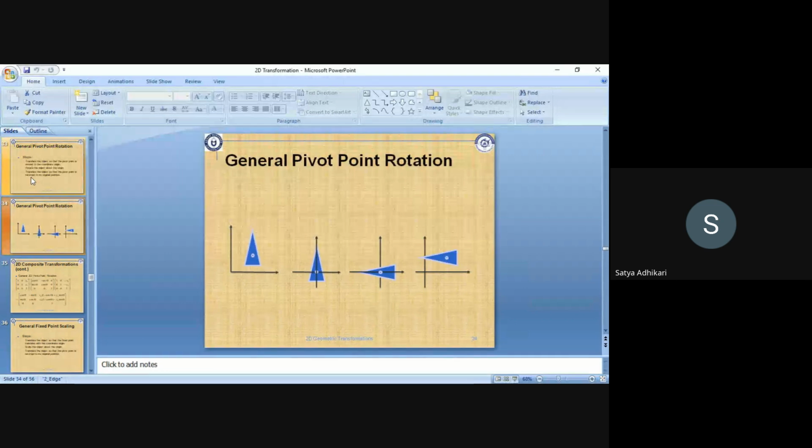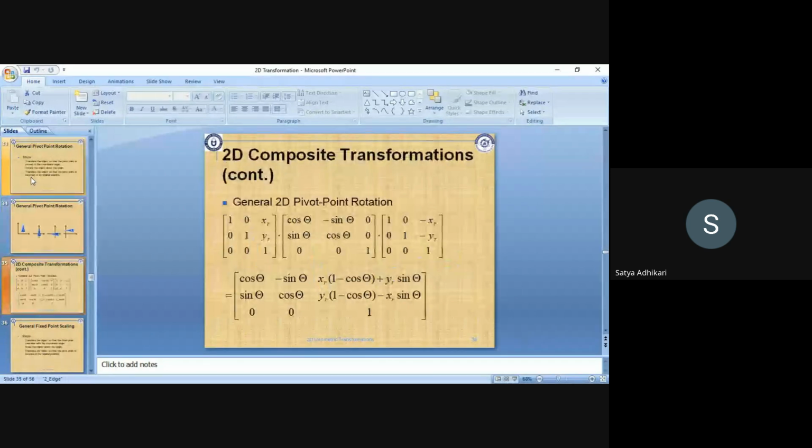So this is general pivot point rotation. These 3 steps are successfully applied: first translation, then rotation, and then again inverse translation. I represent those techniques using a matrix representation.